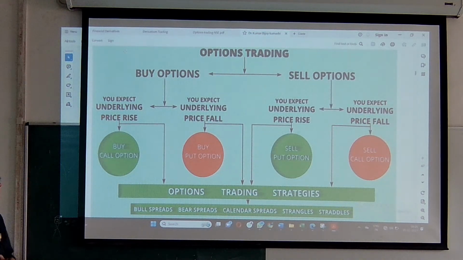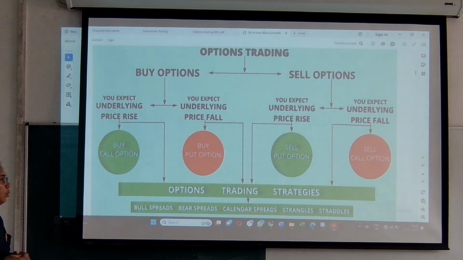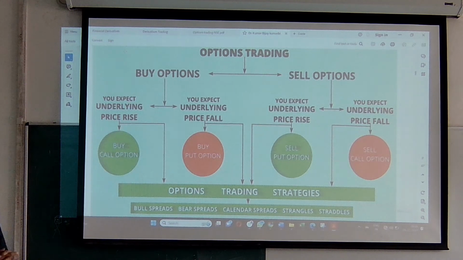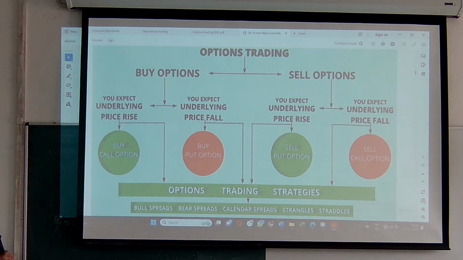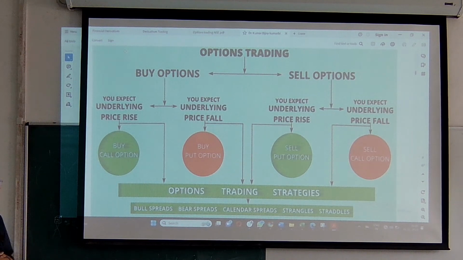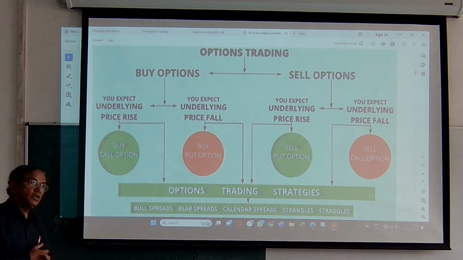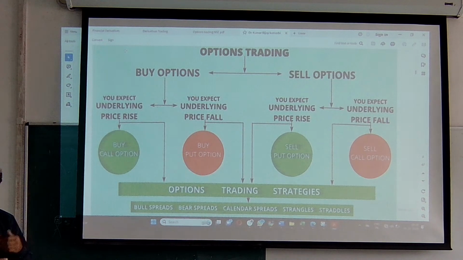Now what happens, depending upon market condition, one can have various combinations of these options, and these combinations ultimately give various strategies. Like it could be during bullish period or bearish period. When market is bullish, a different strategy could be there.